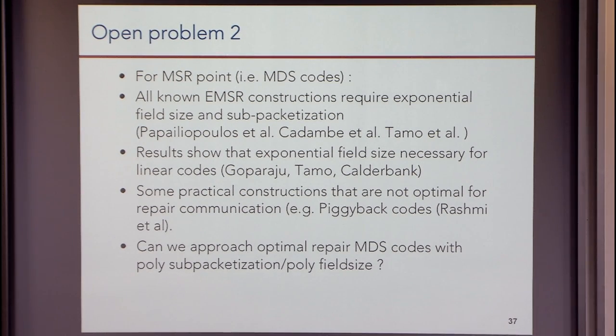So that was a practical construction that is the closest, I guess, we have to an implementable minimum storage code. And the main open problem I think here is, can we approach or even possibly match the minimum storage point with polynomial subpacketization, so that it's actually a code that people at Facebook can use? So that's an important open problem here. Are there any questions on this?